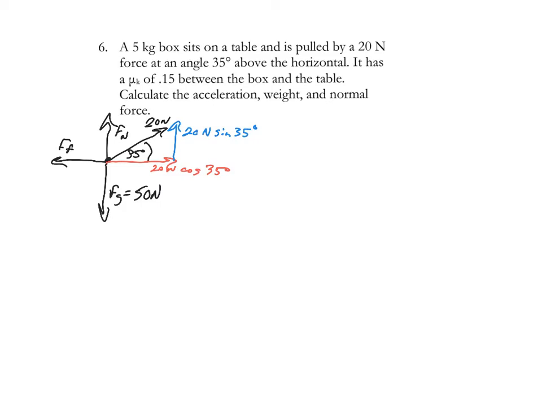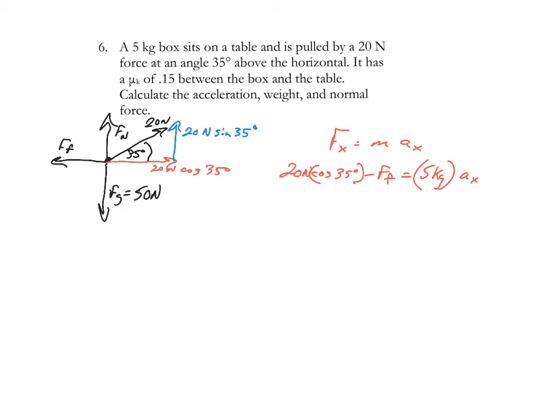So I am going to go to forces in the x direction equals mass times acceleration in the x direction. I have a 20 newtons times the cosine of 35 degrees minus my force of friction equals mass, which is 5 kilograms, times the acceleration, which is in the x direction.